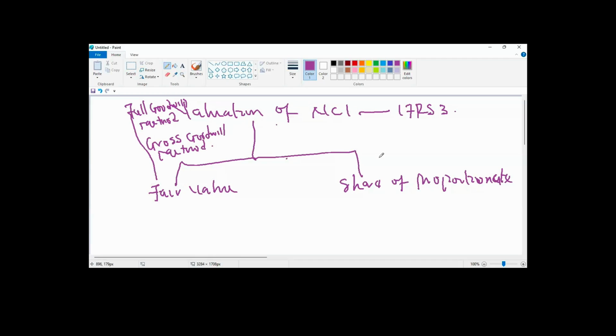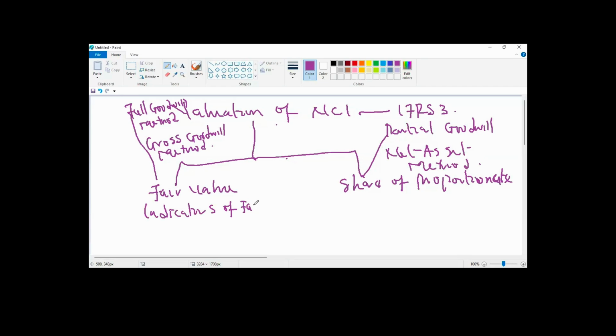Another name for share of proportionate is partial goodwill method or net assets method. This is it. But in the exam, how do I know the one they say I should use? We now look for the indicators of fair value.